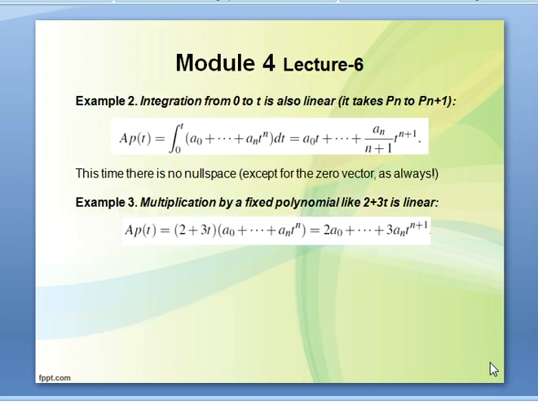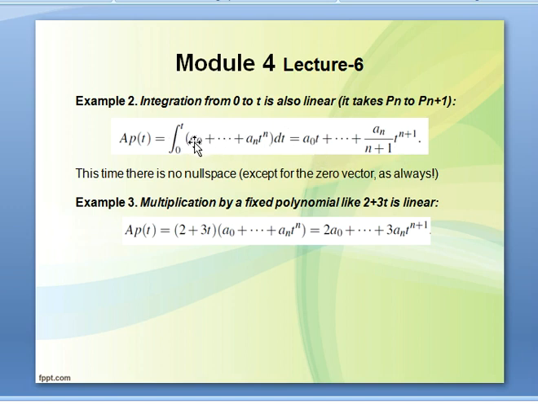Then let's see the integration and the multiplication ones. As seen here, integration from 0 to t of that same equation, a naught plus a1 t plus a2 t squared and so on up to an t raised to n. As we know, integration will not make any of the terms 0 for this equation.